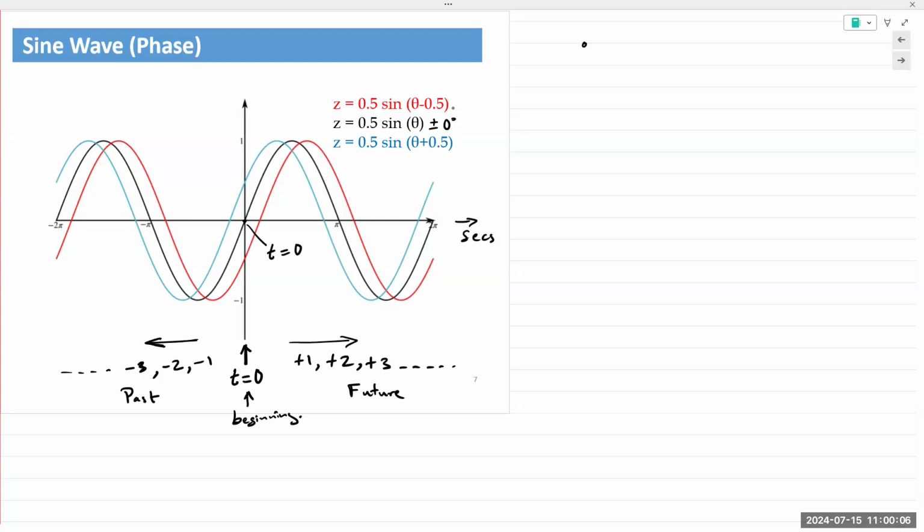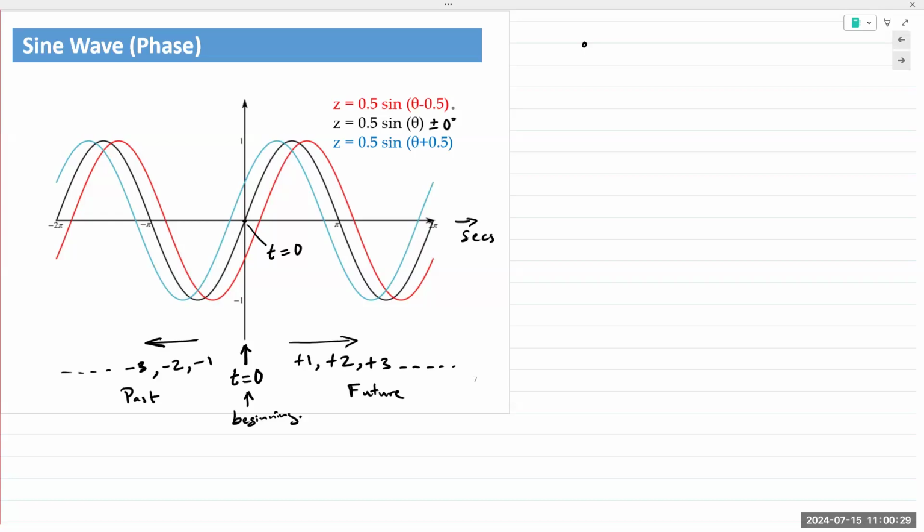T is equal to 0 is when we began our analysis. Positive values, or the right side of the waveform, is indicating the moments that are yet to come. Everything on the left side, the negative values, is basically the time that has already gone by. It is ahead.